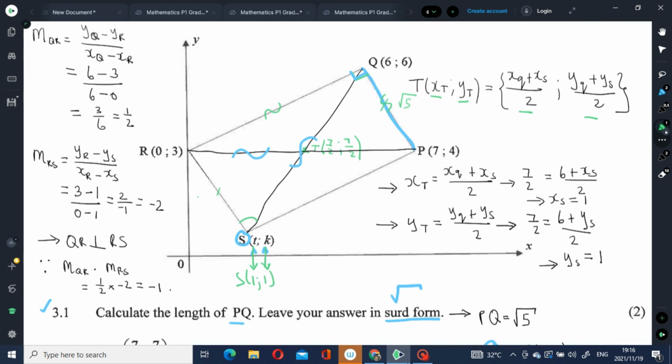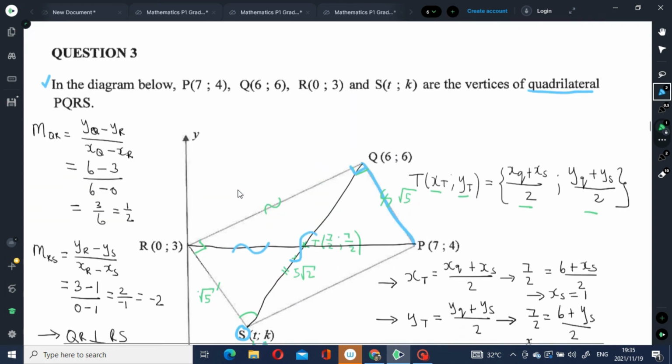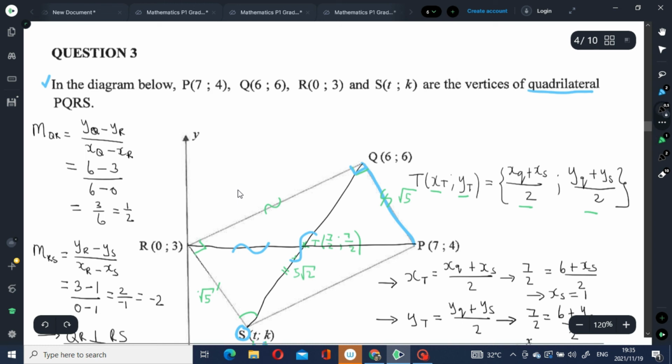So if QP is square root of 5, then line RS is also square root of 5. And we also have the length of 5 square root of 2. And just take note, the angle R is 90 degrees because this is a rectangle.